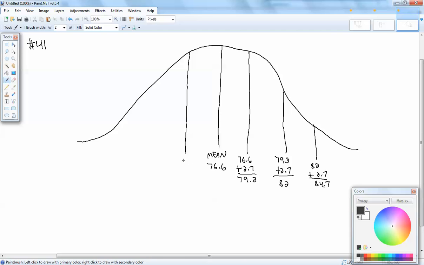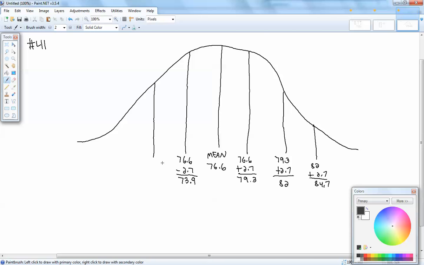Now over on this side, we're going to keep subtracting 2.7. So we've got 76.6 minus 2.7. Not very good with basic math here, but let's see if that's right. Yeah, that's right.